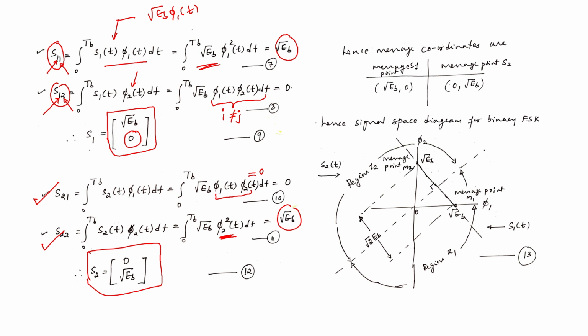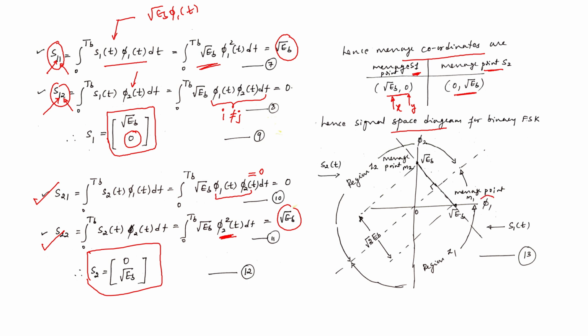Once the coefficients of the S1 and S2 vectors are known, we can draw the signal space diagram for FSK. What is the message point vector for S1? That is square root of Eb and 0. And what is the message point for signal S2? It is 0 and square root of Eb.